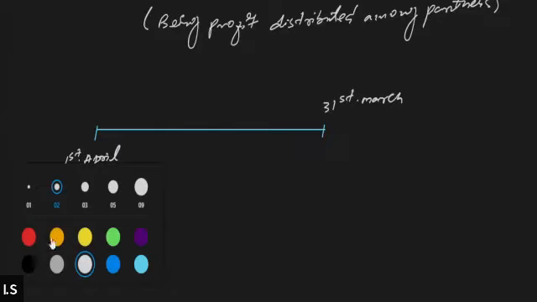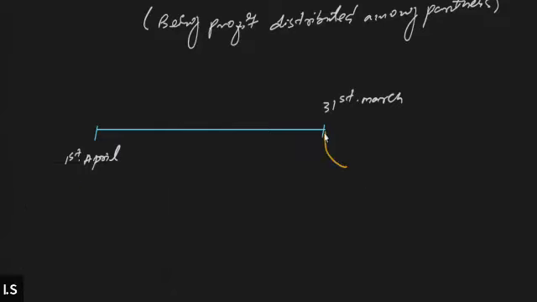If one of the partners, let's suppose B, died on 31st of March, the last working day of the accounting year, then till that date we have already prepared the P&L account. On the last working day it is assumed that we must have prepared all the books of account, including the P&L appropriation account.